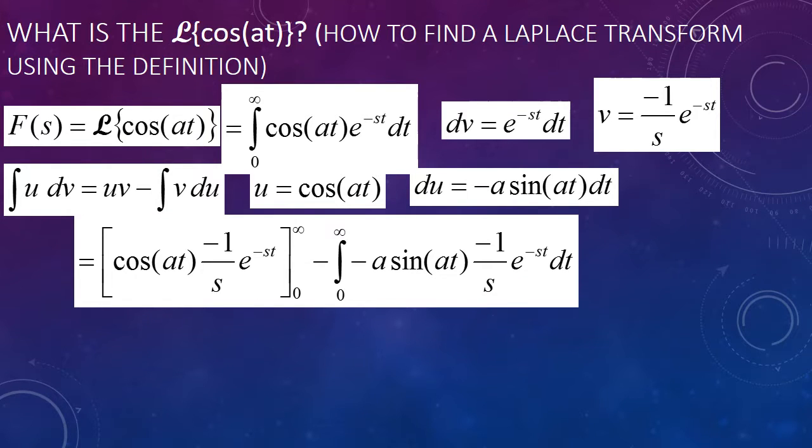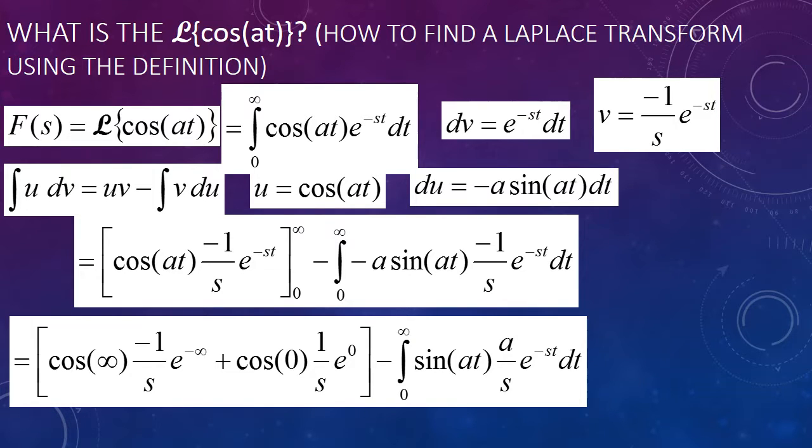We plug that back into our integral, and we get this value. There's my u, and there's my v, and my du is in here. All right, so I need to evaluate this.